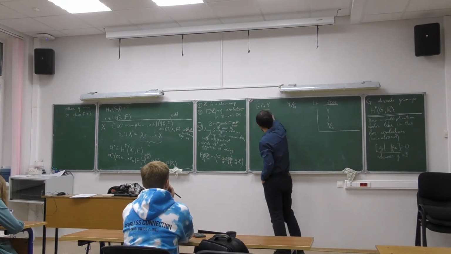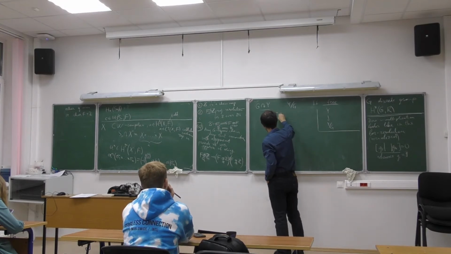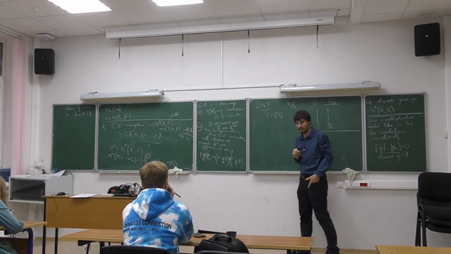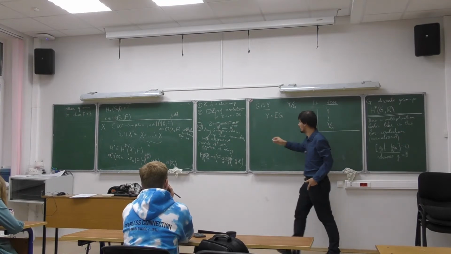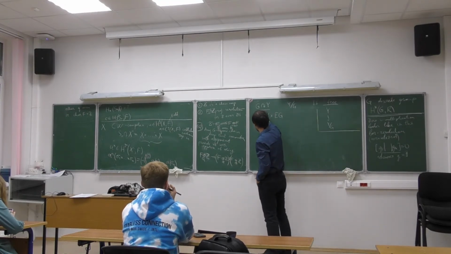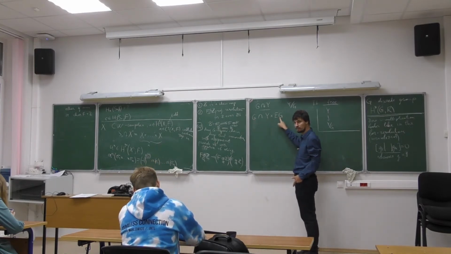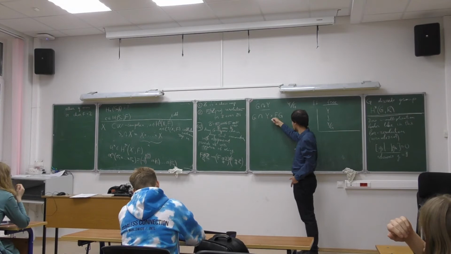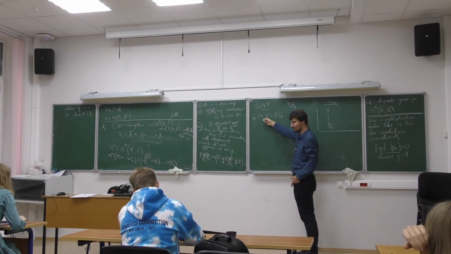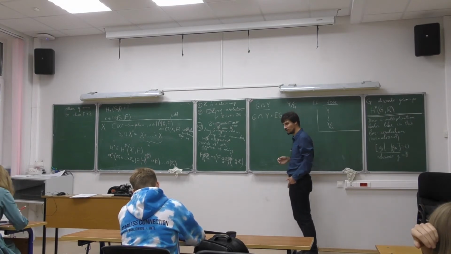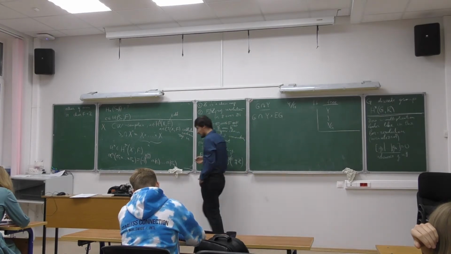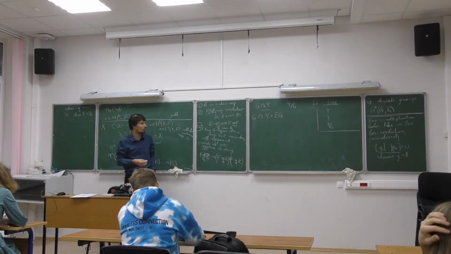The best possibility is to multiply Y by a contractible space with the action of G, and consider here the diagonal action. So G acts both here and here, diagonally. This one is contractible, so homotopically we do not change our space. But now this action is always free.